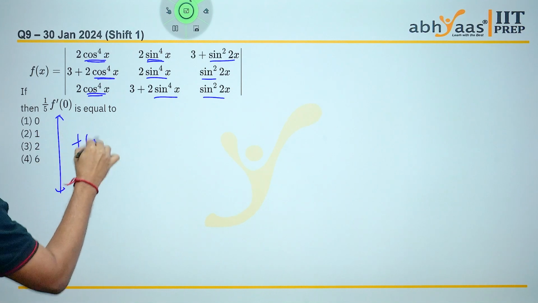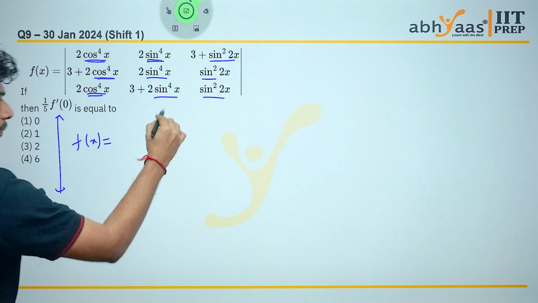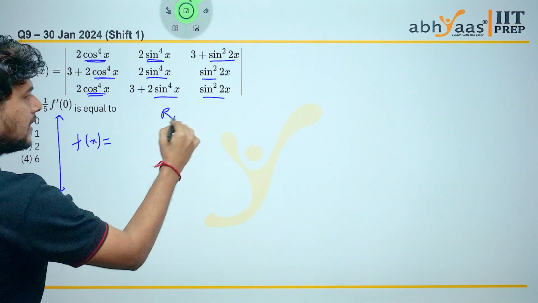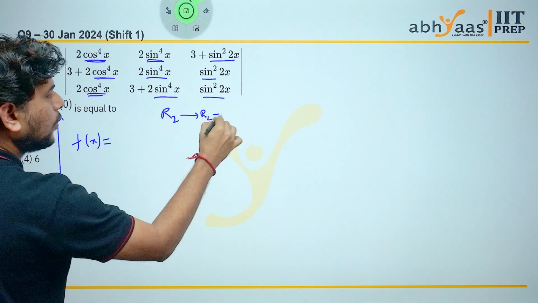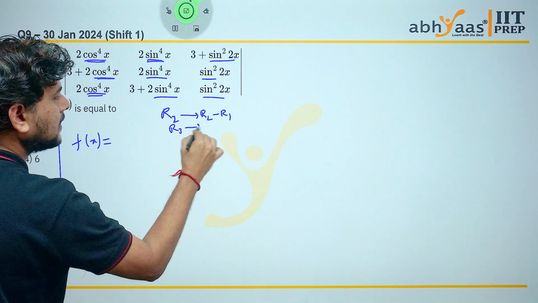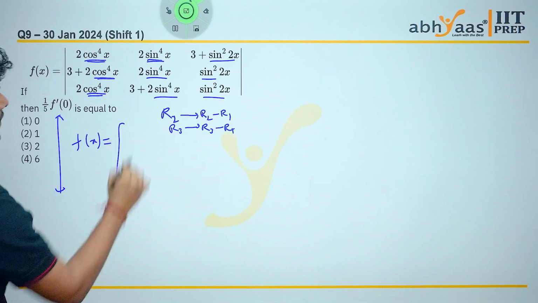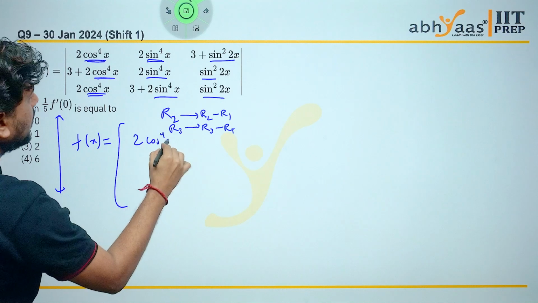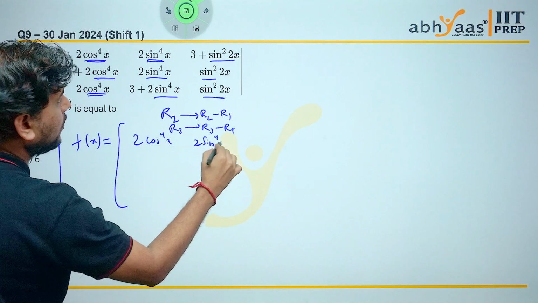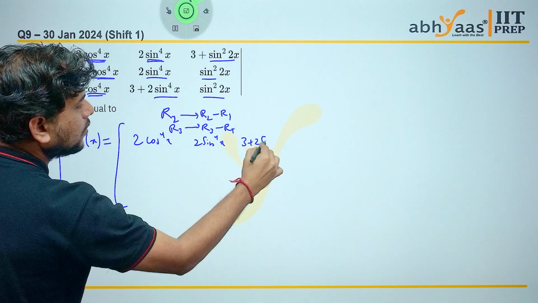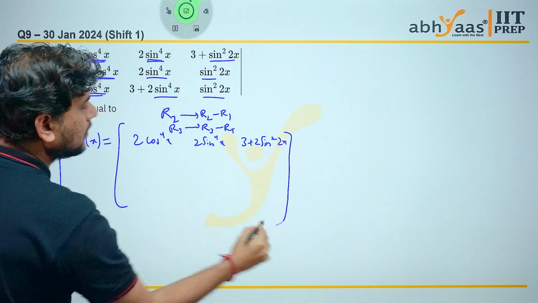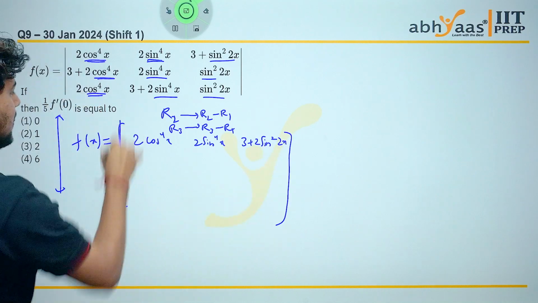So f of x will be, I'm doing row operations, R2 implies R2 minus R1 and R3 implies R3 minus R1. Okay, so we will get 2 cos power 4x, 2 sin power 4x, 3 plus 2 sin square 2x. Oh, sorry, determinant.